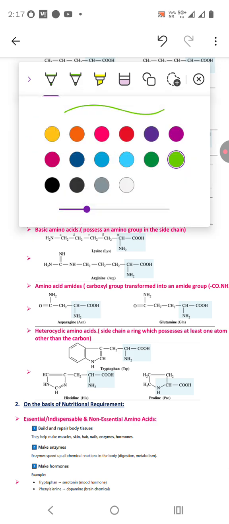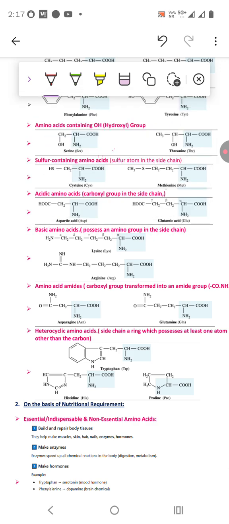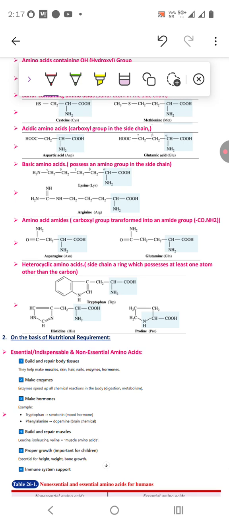Next, heterocyclic amino acids. Heterocyclic ring refers to a ring where a carbon is replaced by another atom.